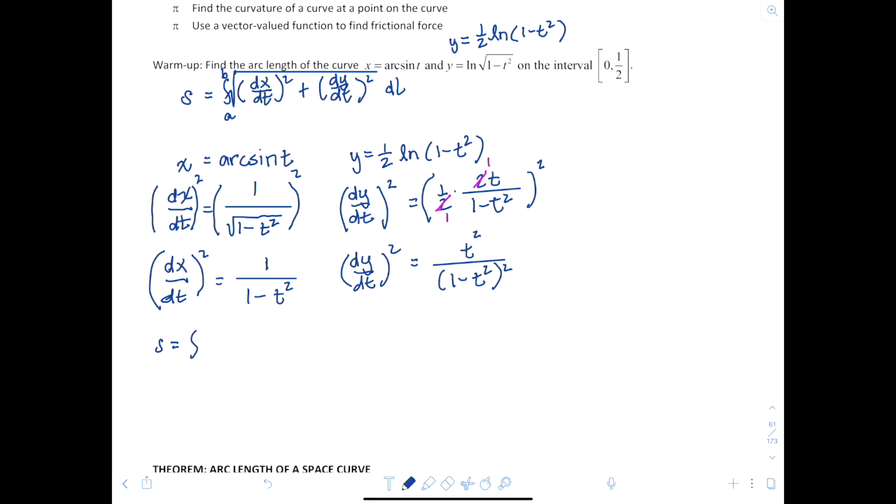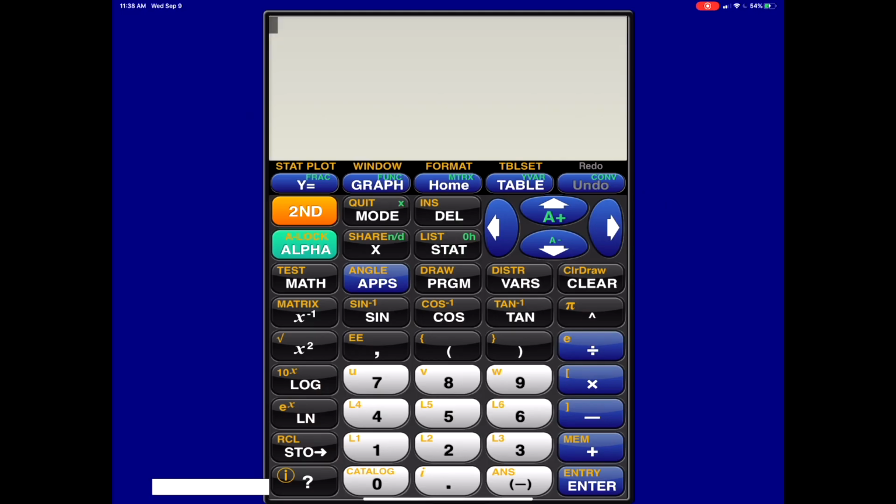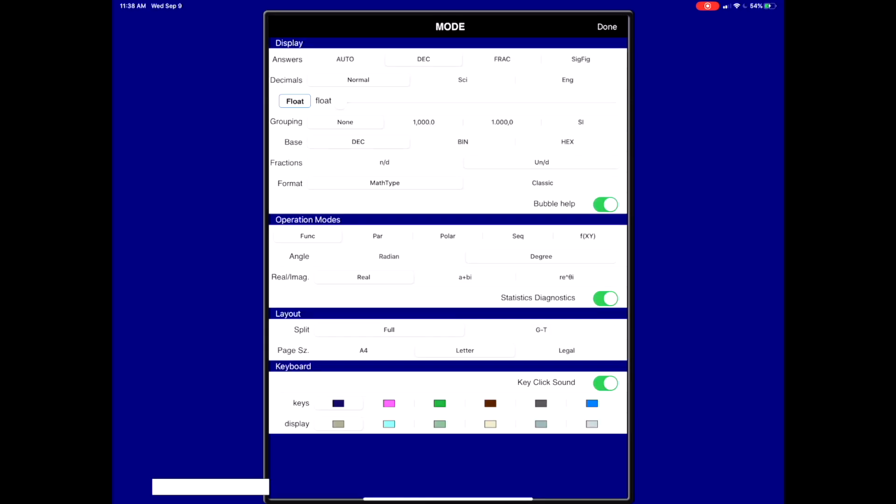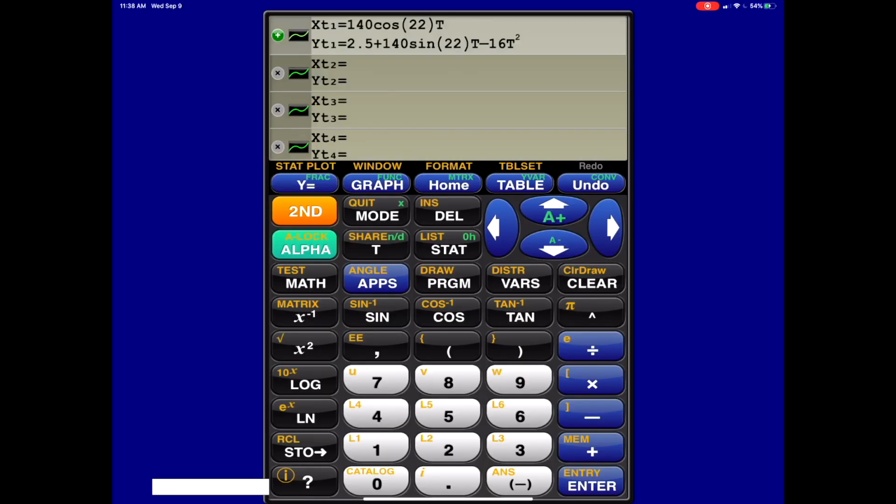Now you've got to be careful. You've got to make sure that you only trace the curve once, because otherwise sometimes it bounces back and forth. So you want to make sure you're in parametric mode and in radians. And now our y equal will look like this.